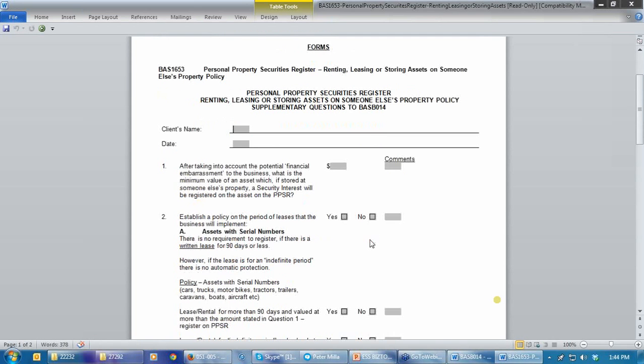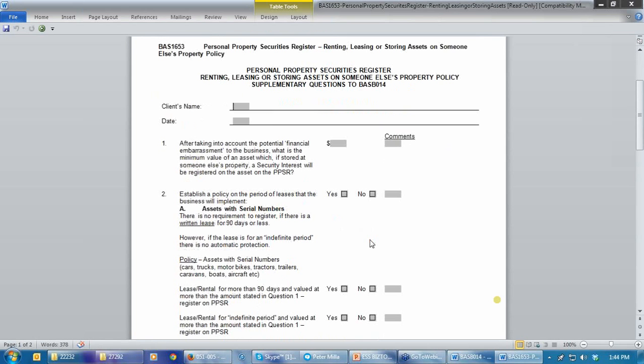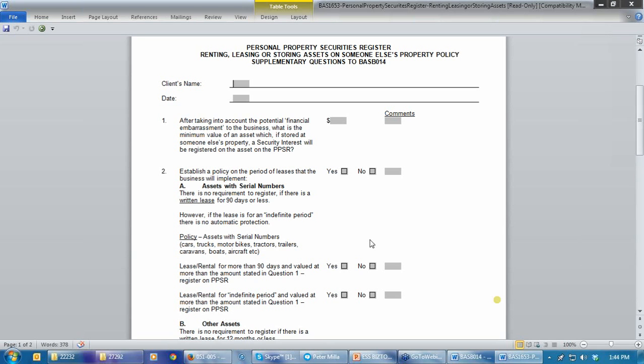I've now brought onto the screen the other document we have, which is looking at where assets are situated. And it's trying to assist in identifying if what's out there on an indefinite period, or what's going to be on an indefinite period, and therefore should the document be lodged.